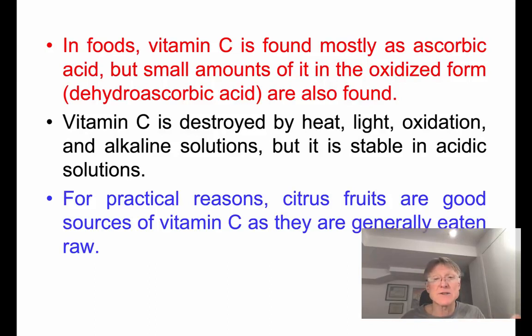So there is not much that can destroy vitamin C. So from a practical point of view, if you're going to get vitamin C, it's important to eat fruits or foods that you don't process too much, because that prevents the vitamin C from being destroyed. That's why citrus fruits are usually good sources of vitamin C.